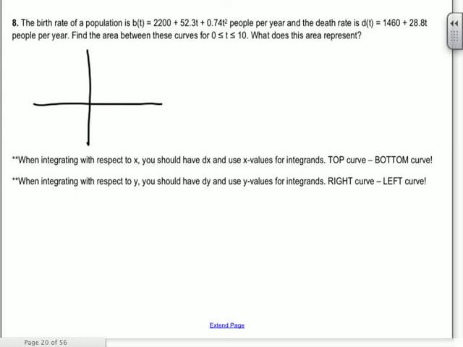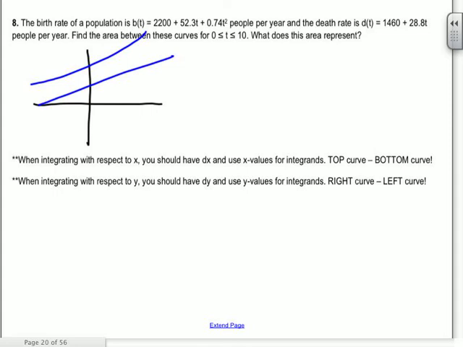Sometimes it works, sometimes it doesn't. Mine's not giving me the greatest picture, but it looks something like this: one's going up, because that's our parabola. This one's a line, so something like that.